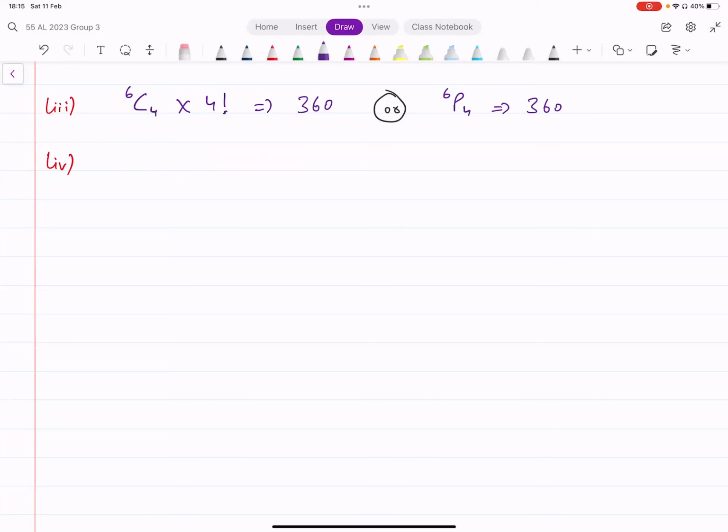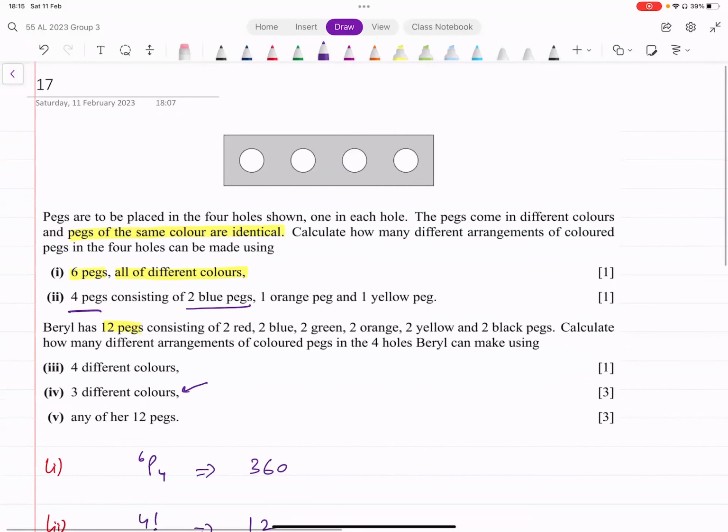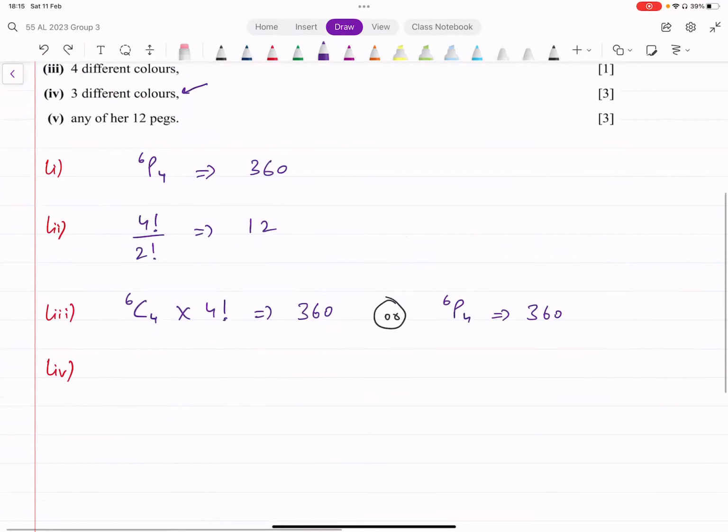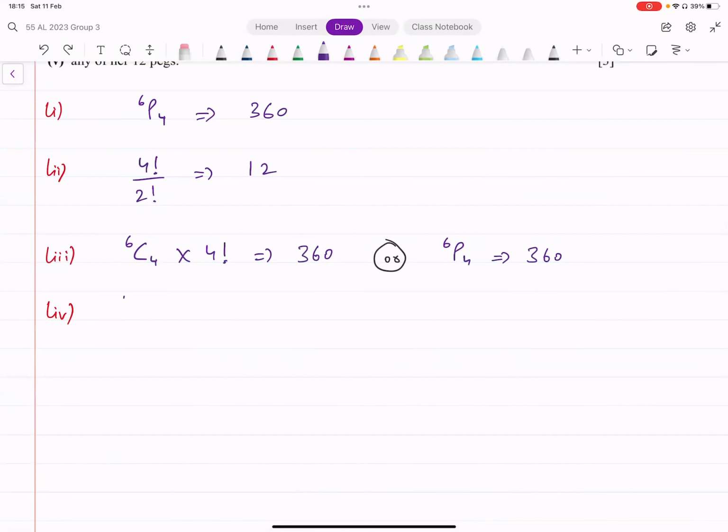ठीक है? So let's first think about the number of possible color combinations you can select out of those 6 colors. You have 6 colors and you have to select 3 of them. 3 different colors आपने select करने हैं. That is going to be 6C3 first of all.